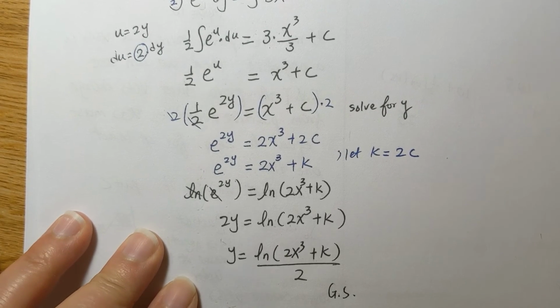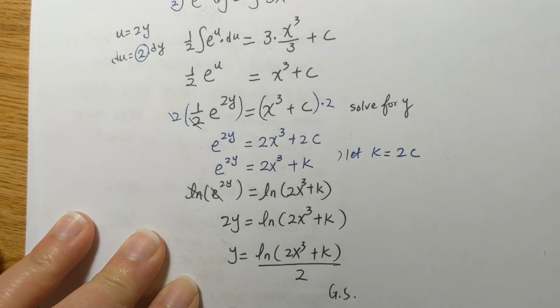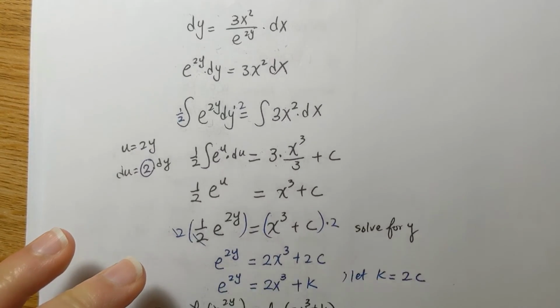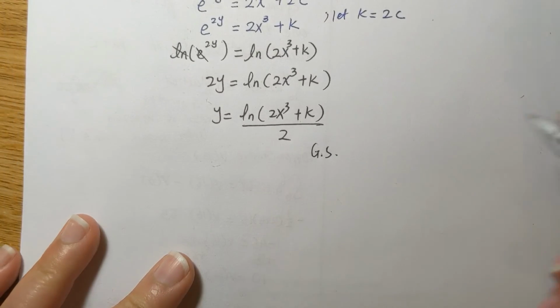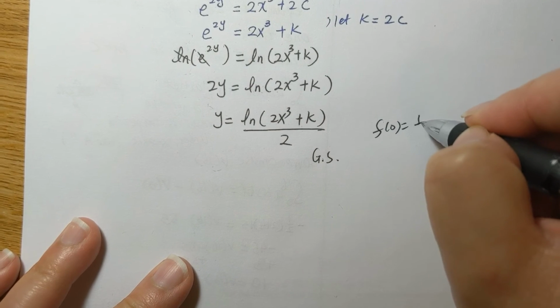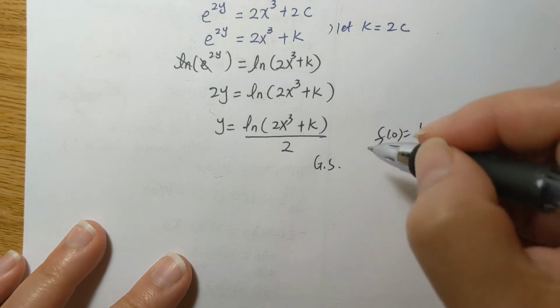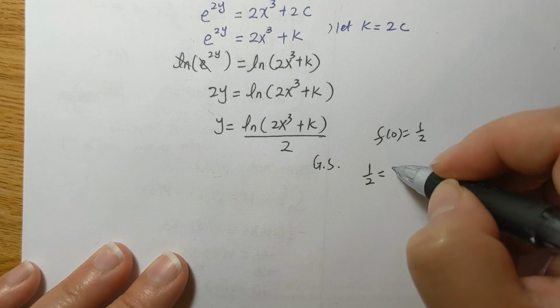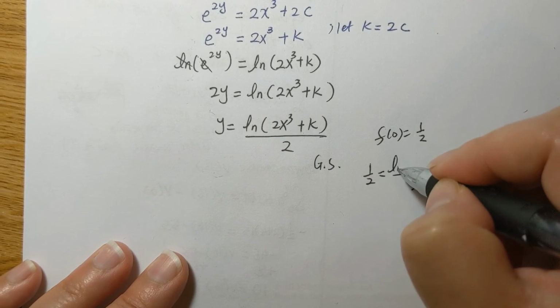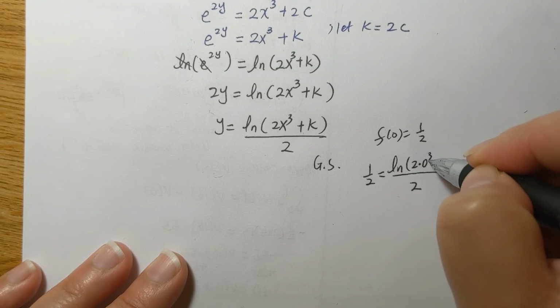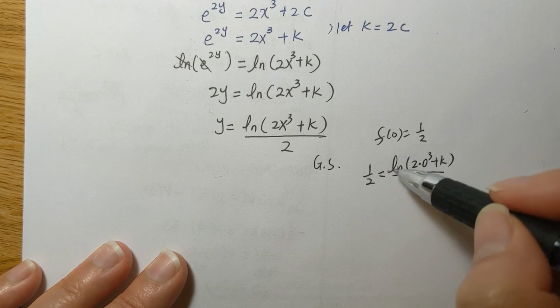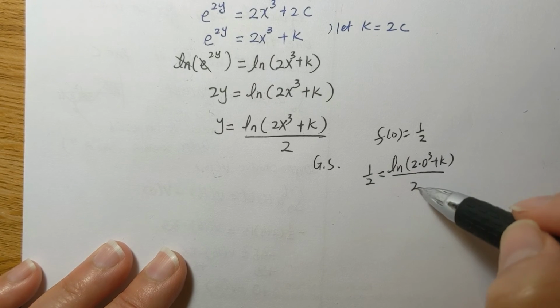Now let's take a look at the initial condition, which is f(0) equals half. So we're going to say 1/2 equals, and then we found out the numerator matches, the denominator matches.